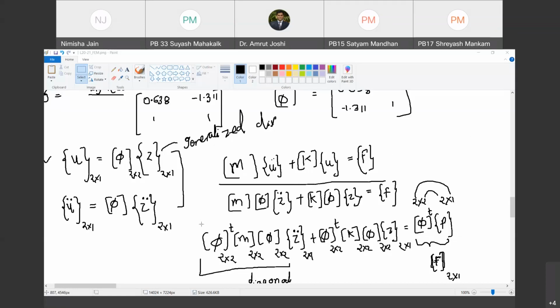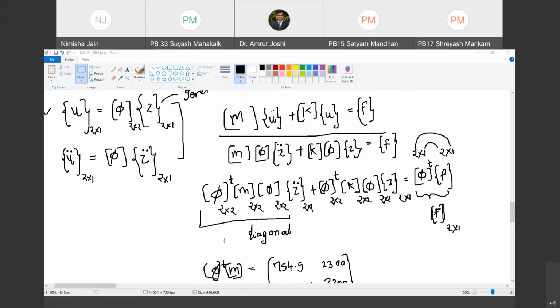Okay. Then we pre-multiplied all the left hand side and right hand side by phi transpose with the claim that phi transpose M phi and phi transpose K phi are diagonal matrices. And that's true that we have proven. Are you with me? Yes, sir.